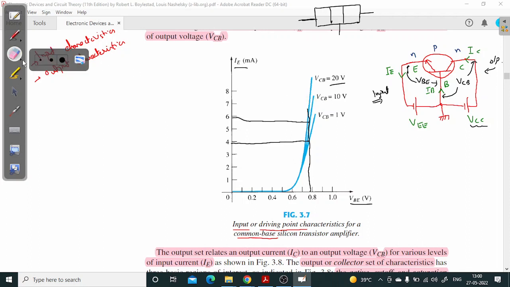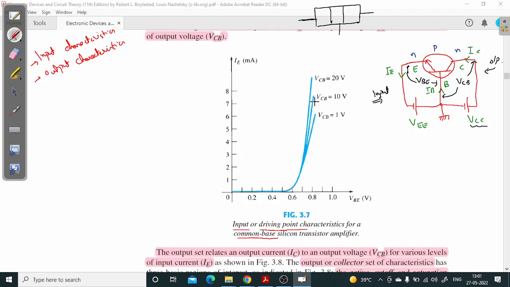But the input biasing voltage will not vary much, it will be in the range of 0.7, 0.8, mostly around 0.7 volts. So this variation does not matter much, although there is an increase in current with an increase in VCB voltage.